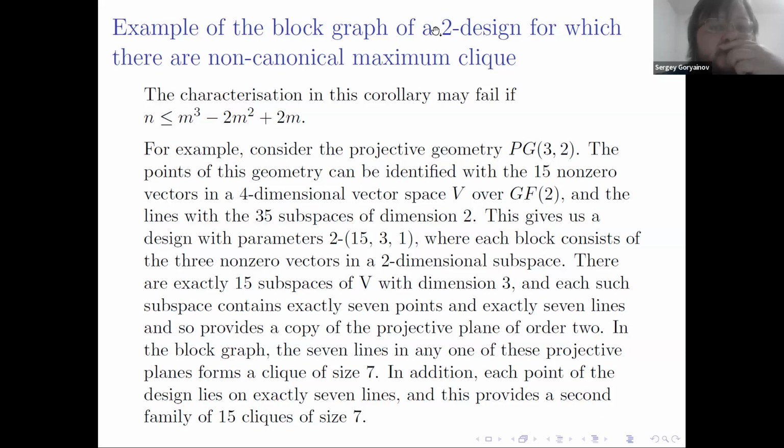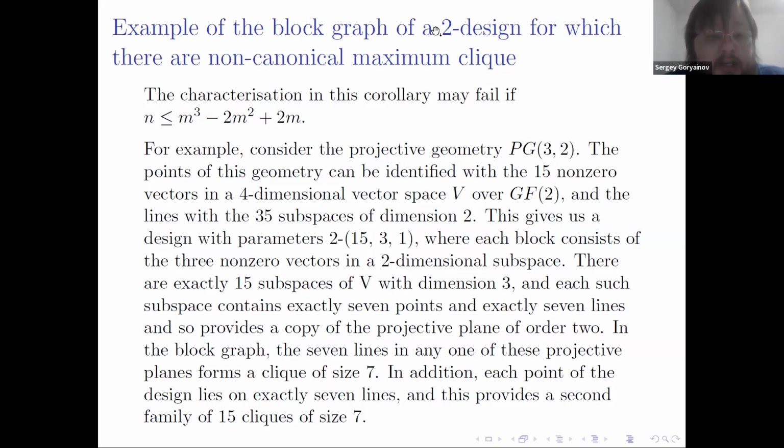The points of this geometry can be identified with the 15 non-zero vectors in a 4-dimensional vector space V over the field of 2 elements, and the lines can be identified with the 35 subspaces of dimension 2.